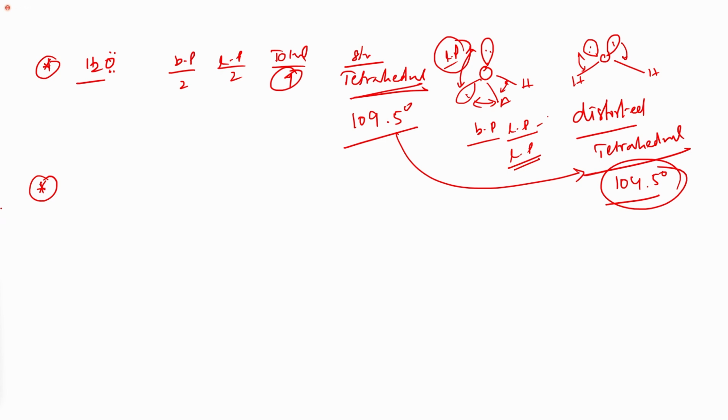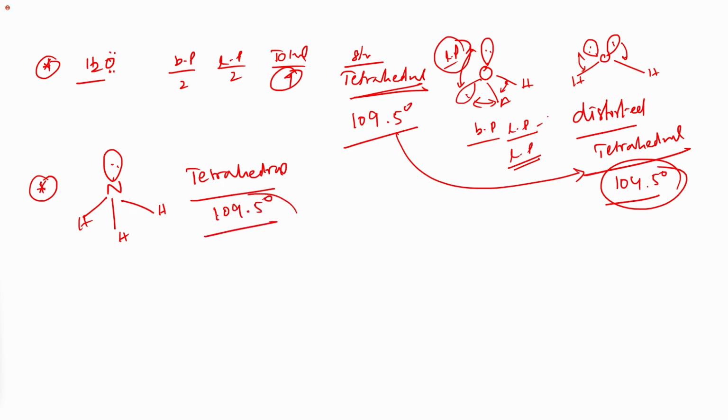Another thing, if you see the NH3 case, the structure of NH3. We know this is a tetrahedral geometry, so the angle should be 109.5 degrees, but its angle is 107 degrees. This angle is quite less. Why?